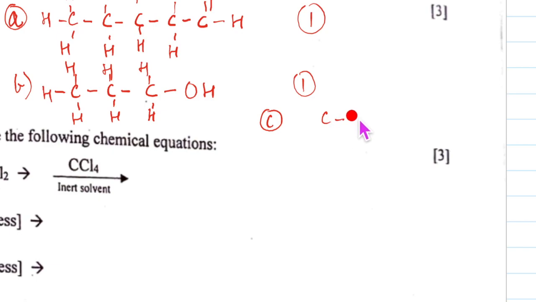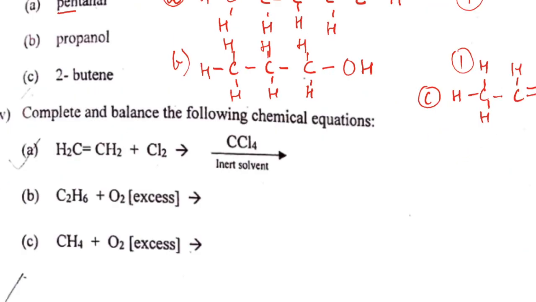But means 4 carbons. Ene means double bond, and the second carbon has the double bond, like so. So the remaining carbons will look like this. Each one of them will be having H like so, and that will give us the 3rd mark.